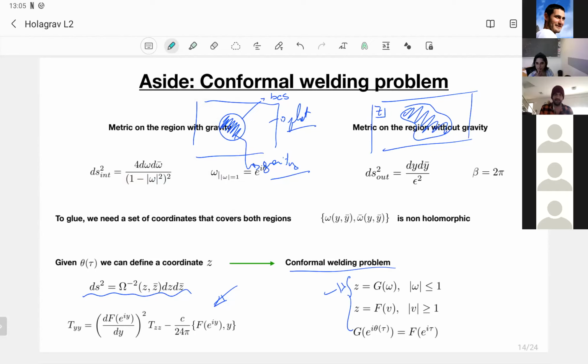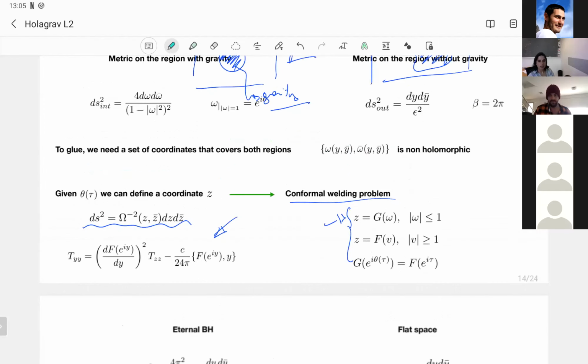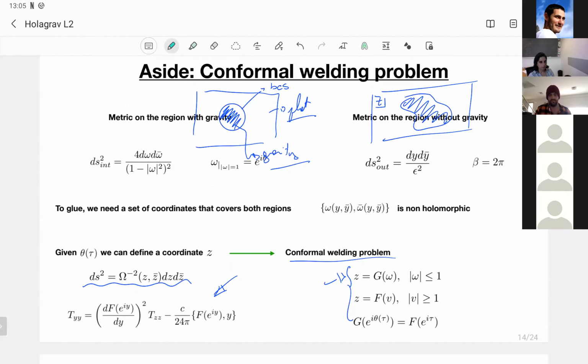I mean, the question is how you implement this transparency. Yes, but this is complicated. Okay, we can discuss later, because I also don't know the whole details of the computation.